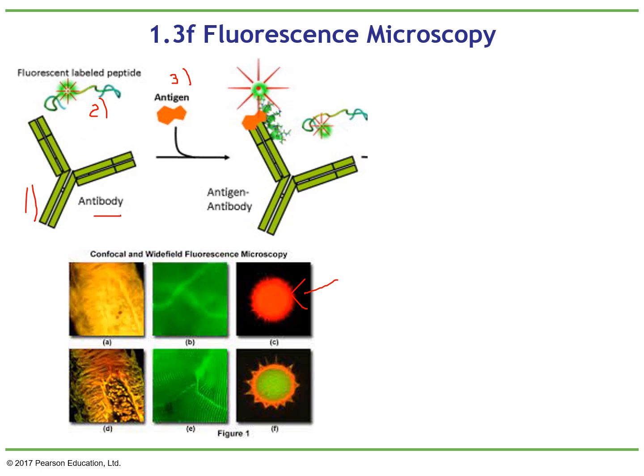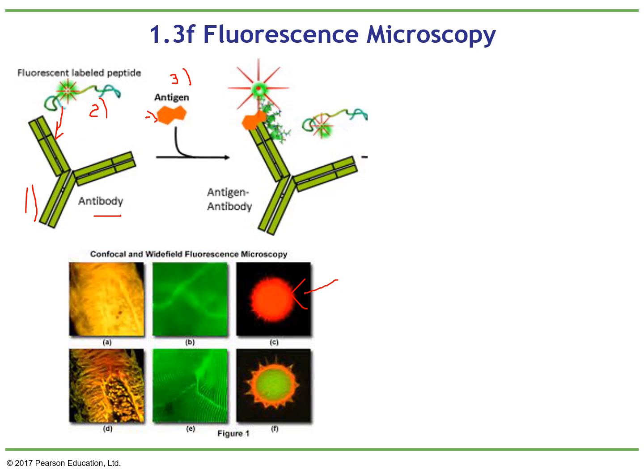Now what you need is to be able to attach the fluorescent molecule to that antibody. So how do you do it? You play with chemistry, and you create a link between those two.